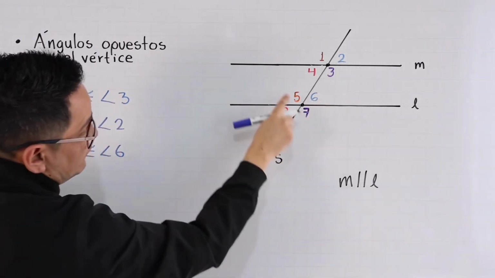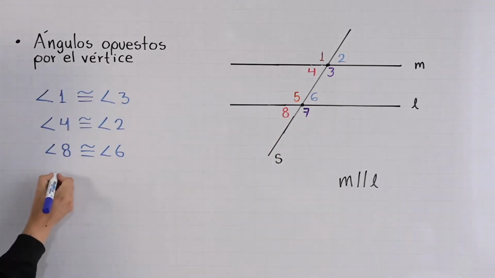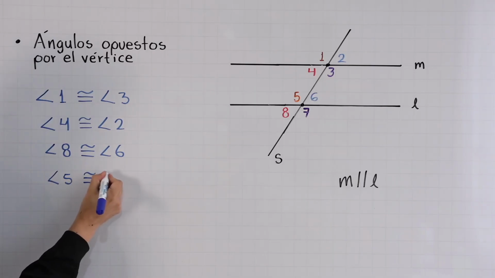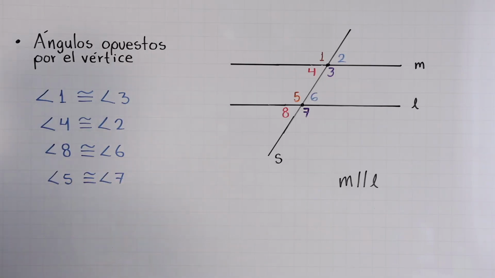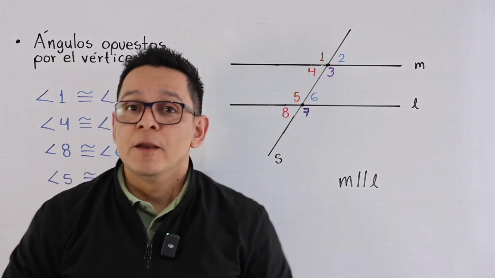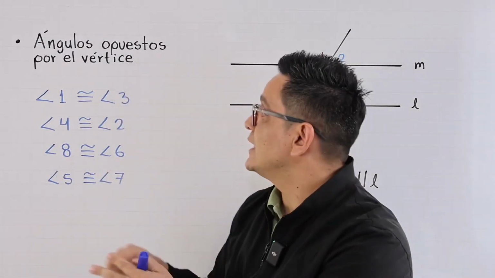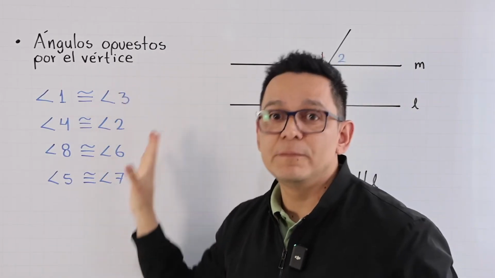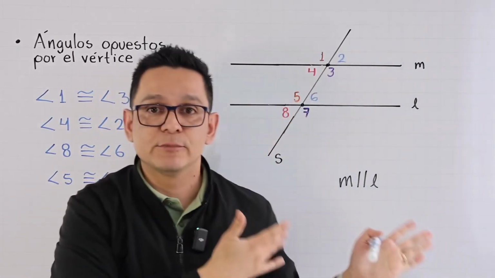And well, finally, here we have another relationship, right? Which is that angle 5 is congruent with angle 7. That is, they have the same measure, even though they are not in the same position, right? That's it. Well, this simple one would be our first relationship. Don't forget, they're called vertical angles. And here we have the ones we've found.